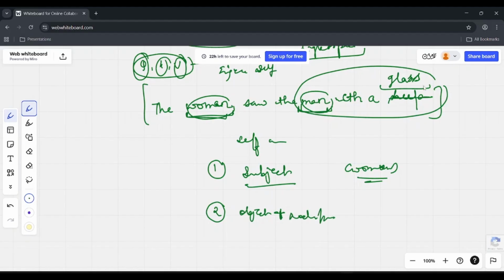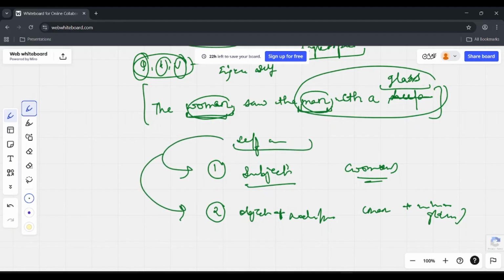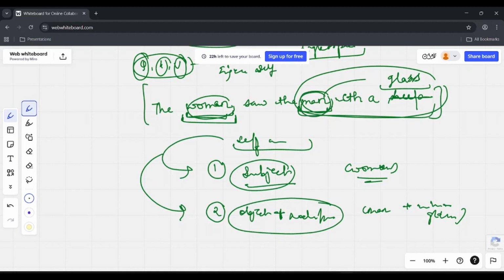So it will be man plus with a glass, right? So if we are using multiple heads, one head will focus on the subject, another head will focus on object plus modifier, and then we will finally understand, okay, the sentence is actually that the woman saw the man with the glass, meaning the man was carrying the glass and the woman saw him. This is the right way.